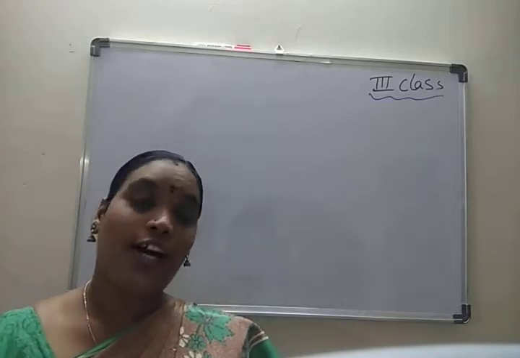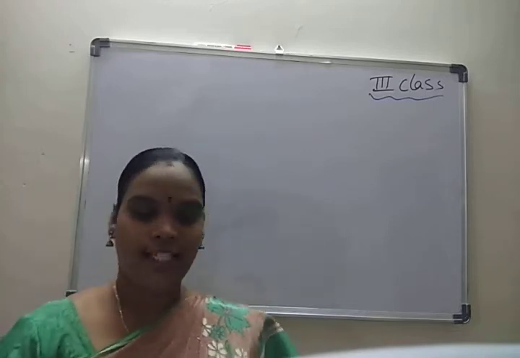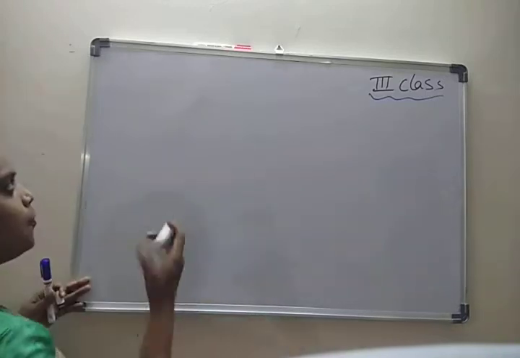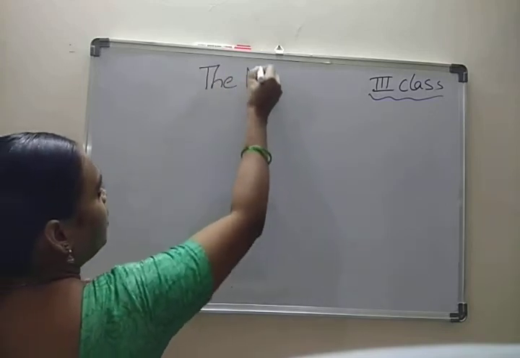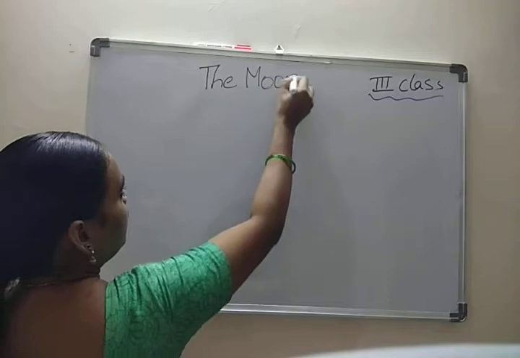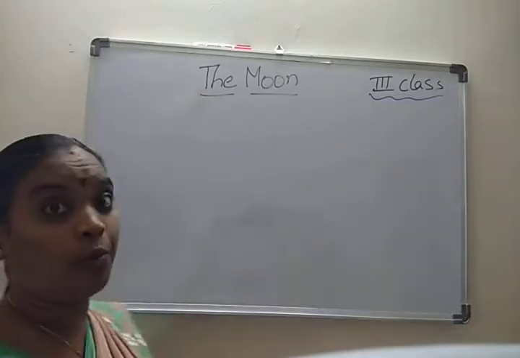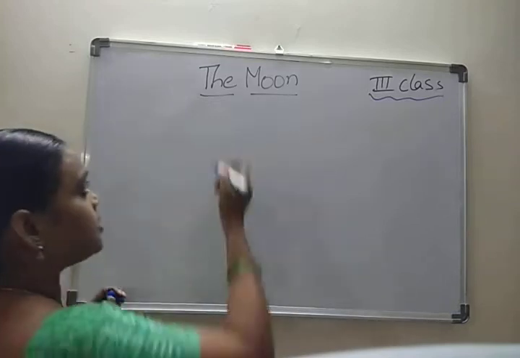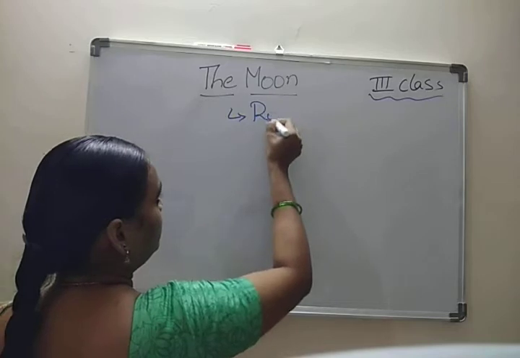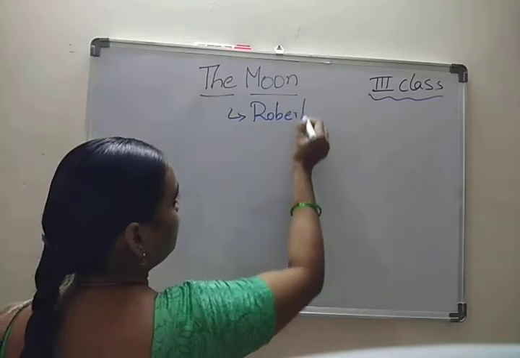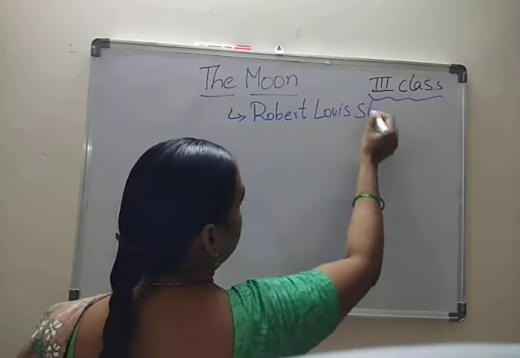Now coming to our writing topic, that is the poem. What is our poem? This is very interesting. Our poem is The Moon. Who wrote this? The Moon, written by Robert Louis Stevenson.